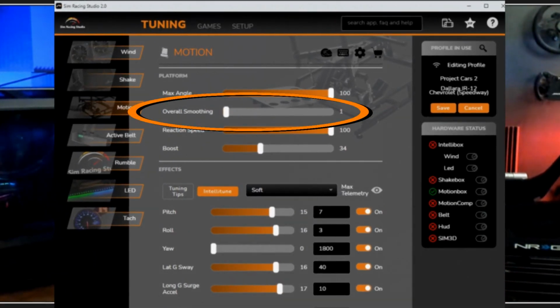Perfect. And what overall smoothing does is it says, okay, you're going to rotate from, say, the left to the right and back to the left in a very fast time. What we'll do instead is, if you set overall smoothing to 50, it'll move all the way to the right and only 50% of the way back to the left. Okay. Right? If you have it at 90, it'll move all the way to the right and only 10% back to the left.